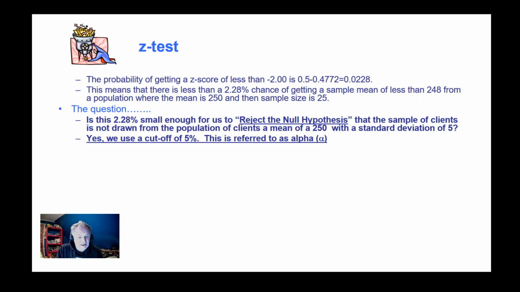Since that's less than my 5% cutoff, my alpha is 0.05. Because the likelihood of getting a sample mean less than 248 is 0.0228 or 2.28%, and because that's less than 0.05 or 5%, I reject the null hypothesis and I conclude that that hatchery is not working to its standard.